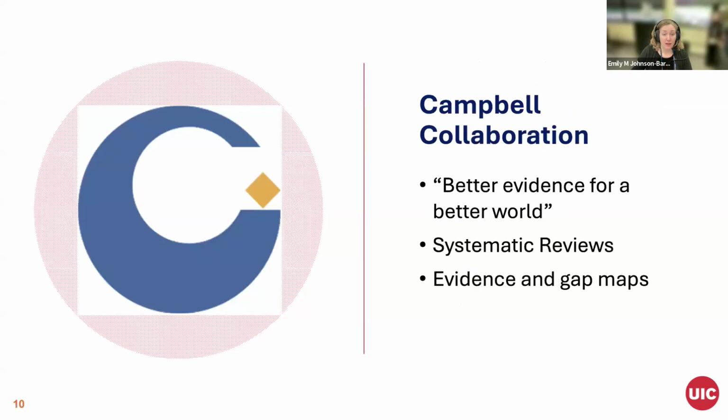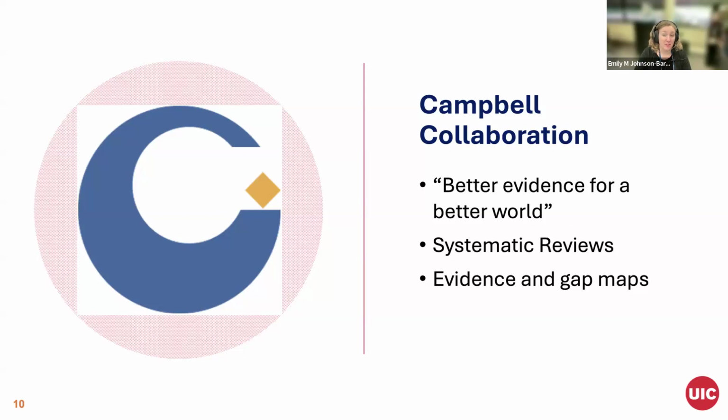And last of the big three that I wanted to really explore for this presentation is the Campbell Collaboration. It is an international social science research network that produces high quality, open, and policy relevant evidence synthesis, plain language summaries, and policy briefs.